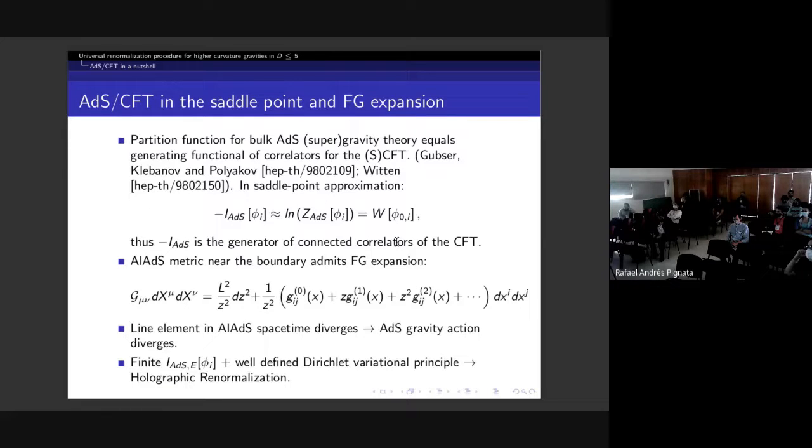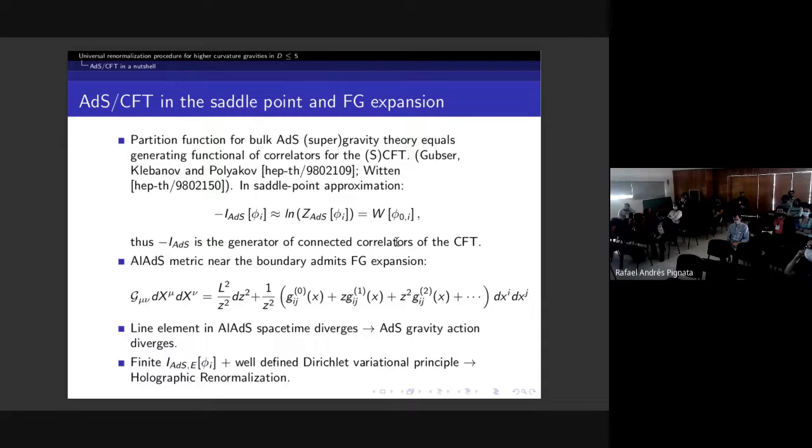So you can expand your metric just like you can do in general, in terms of this radial holographic coordinate and the coordinates that are tangent to it. This is like the boundary metric at different values of z.